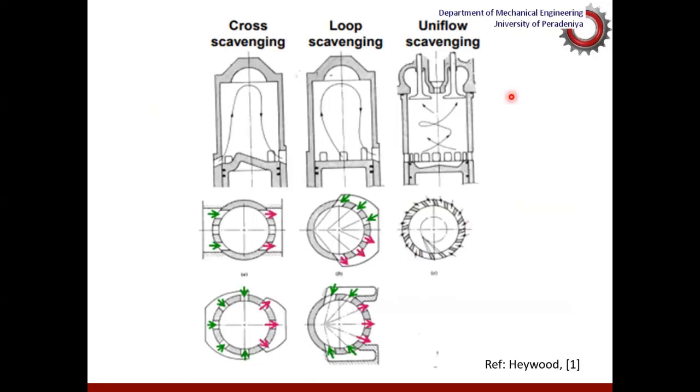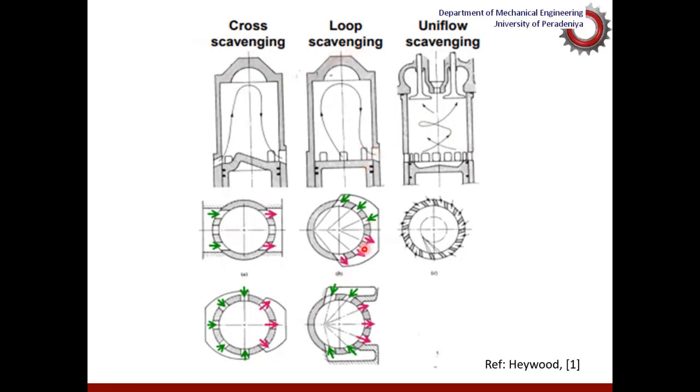Now, this is a kind of a summary of what we just said. In cross-flow scavenging, there can be a couple of transfer ports as well as exhaust ports. And there can be situations where you have transfer ports and exhaust ports all around like this, so that you can increase the efficiency of sucking air into the system, the intake process, as well as sending exhaust gas out of the system.